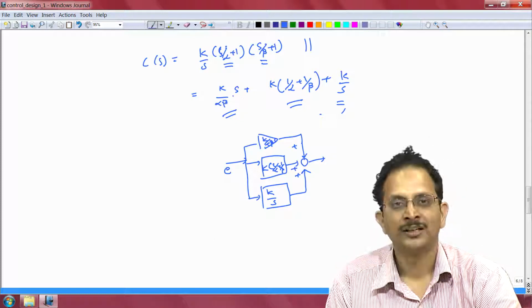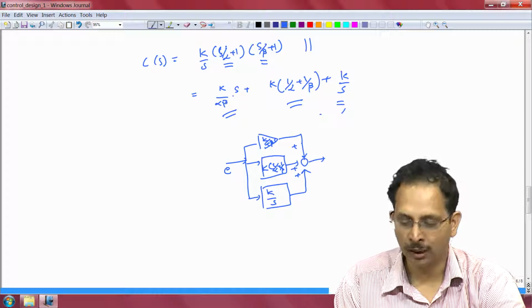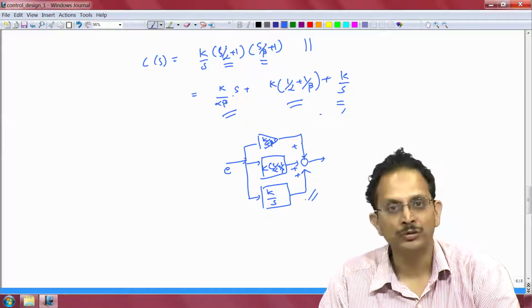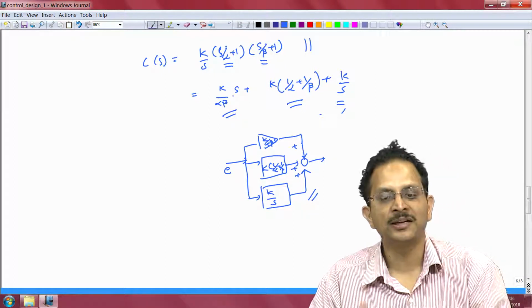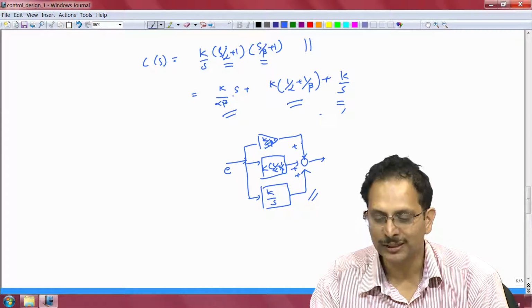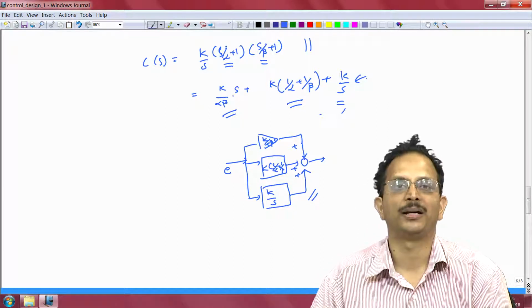So since the realization of a PID controller is done by using separate proportional, integral and derivative blocks, it is generally represented in this particular manner.